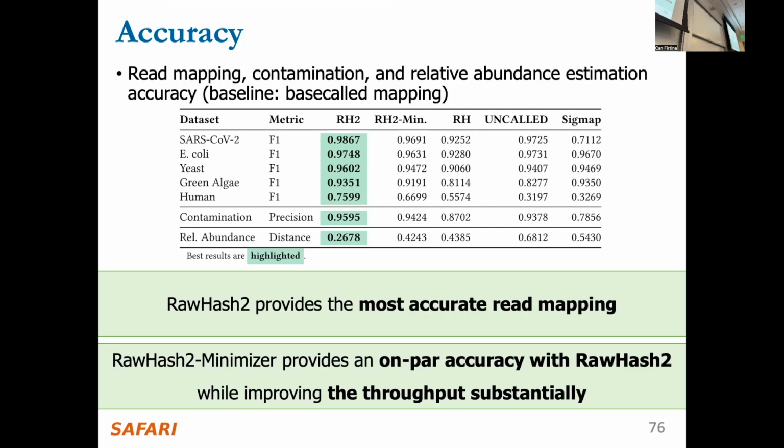Yet we're still using smaller information, just a part of the data, while the base called mapping uses the entire read information. If we had used the entire read information, I'm pretty sure those accuracy numbers would be even much higher. So I'm pretty sure that the accuracy would also be high if we did a similar approach with full reads.